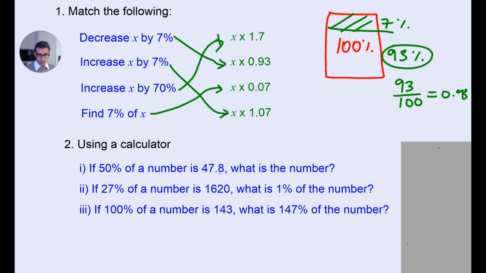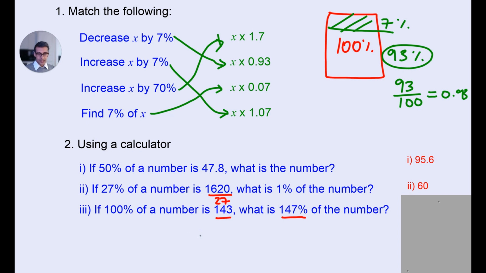50% of a number is 47.8. Well, you double it to get 95.6. If 27% of a number is 1620, what's 1%? Well, if you have 27%, you divide that by 27 to work out 1%, which is 60. And if 100% of a number is 143, what is 147% of that number?